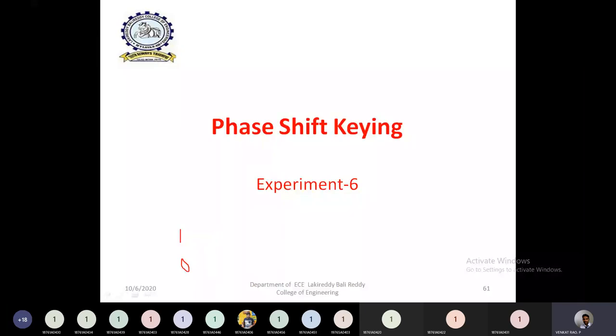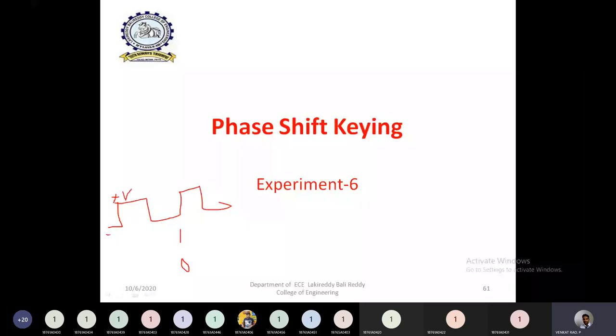In PSK, each 1 is represented with a positive voltage and 0 with a negative voltage. This is how the input binary data is represented as positive and negative pulses.